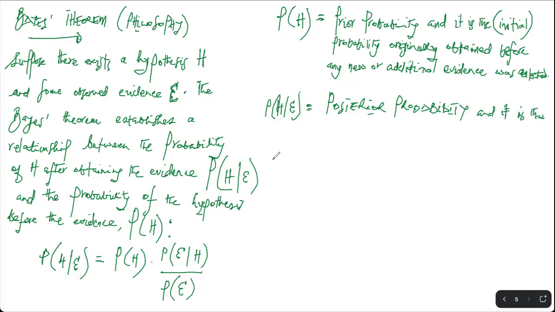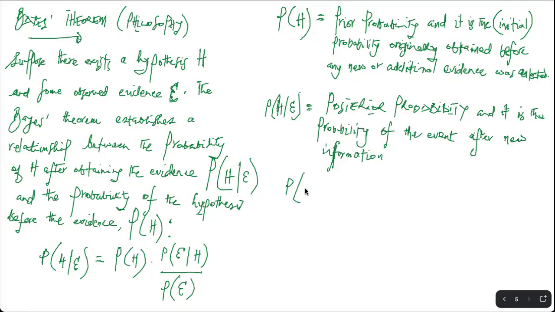So the probability of H given E is the posterior probability.